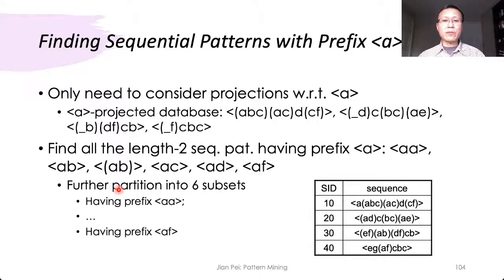Then we can further partition the set of sequential patterns having prefix A into 6 subsets: those having prefix AA, those having prefix AB, and so on. The last one is those having prefix AF.